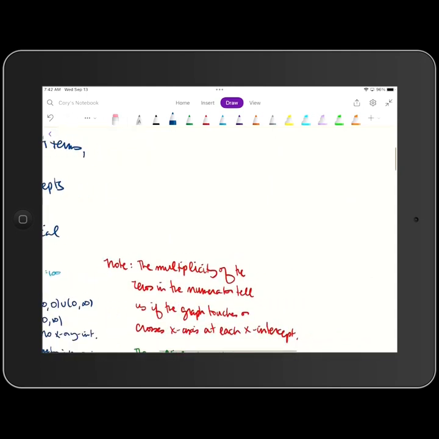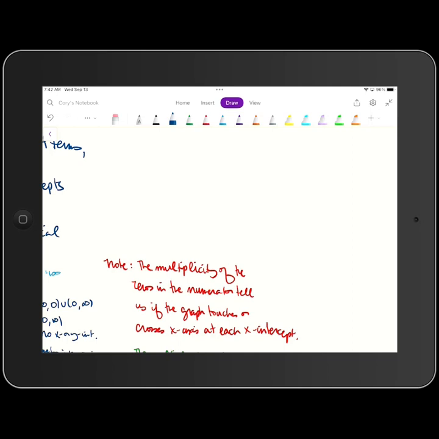Okay, so if you take a look at the note that we made over on the side here, you want to write this down. This is going to be really important for us when graphing rational functions. The multiplicity of the zeros in the numerator tell us if the graph touches or crosses the x-axis at each x-intercept.